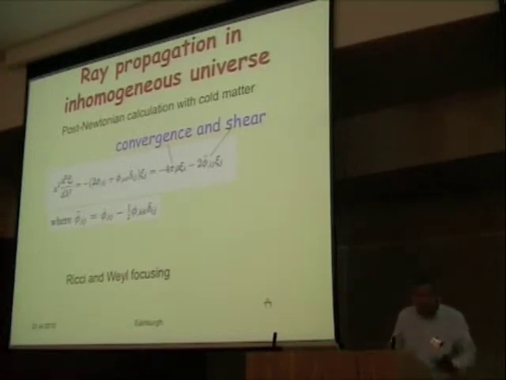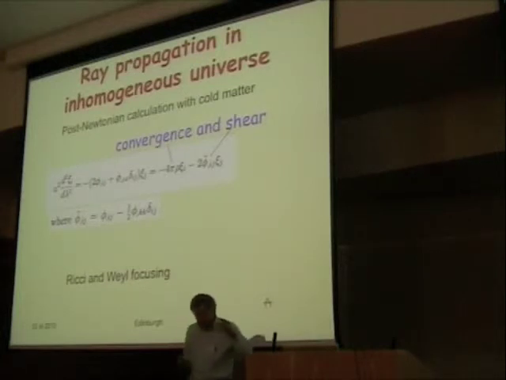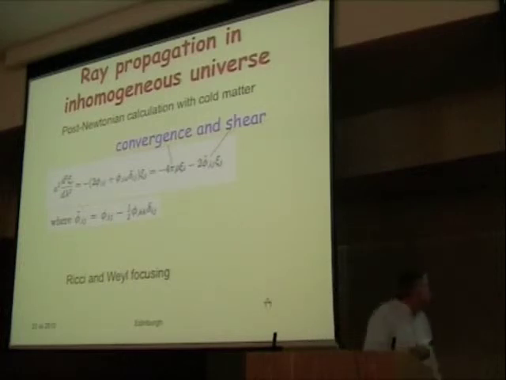Now, so far everything I've said has been dealing with the universe where there is convergence but no shear. If we go back and repeat the exercise, throwing in the possibility of shear, there are various ways of doing this. You can do it in a quasi-Newtonian way, you can do it properly relativistically, and you get the same answers.